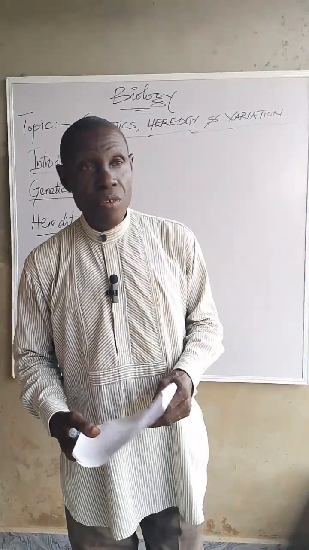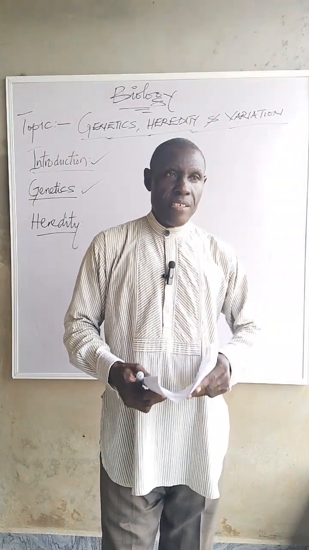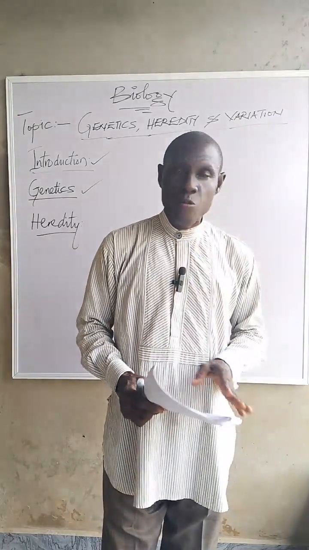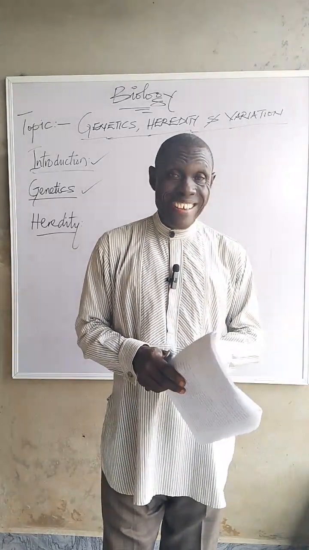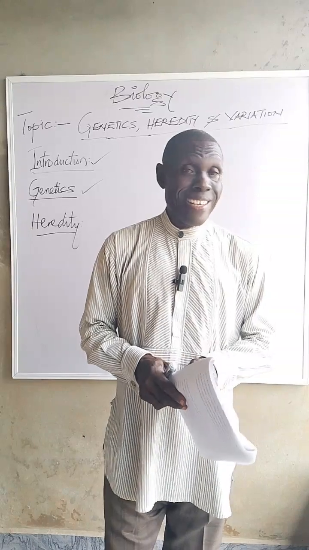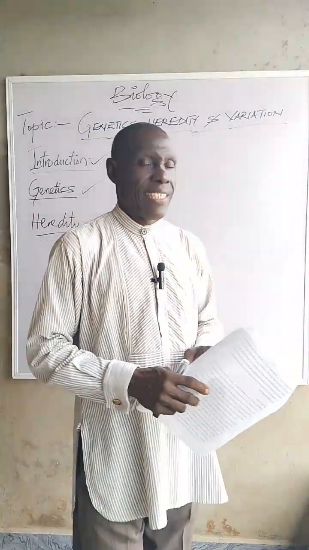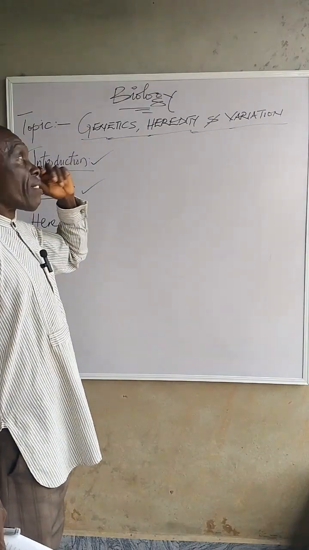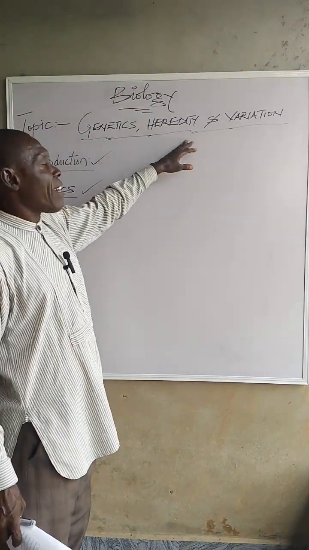But as I said before, from this day forward, at least for some months or weeks to come, we'll be dwelling on some great subject matters on biology. And that is what we have been doing. Now, look at the topic we are dealing with: genetics, heredity, and variation.